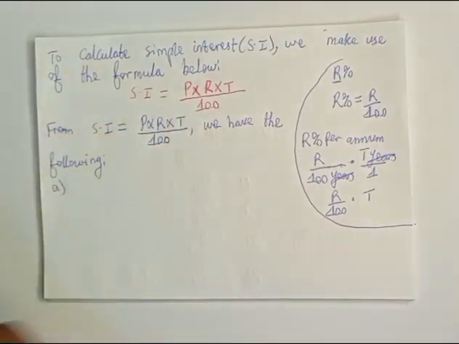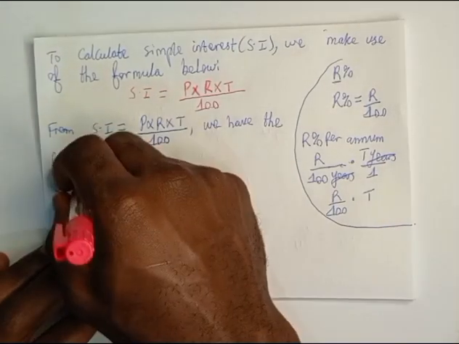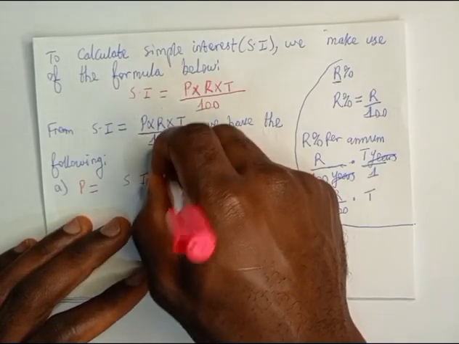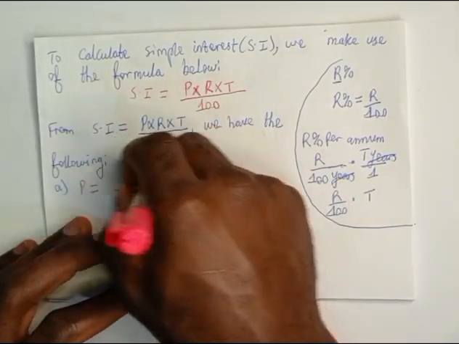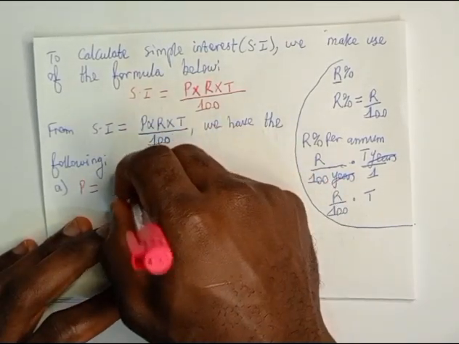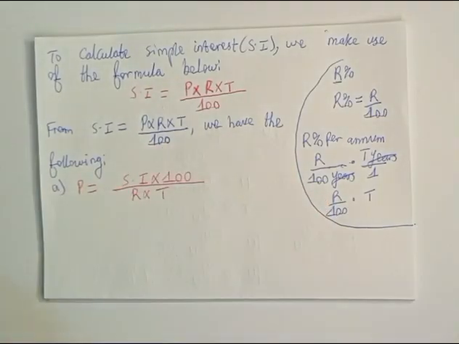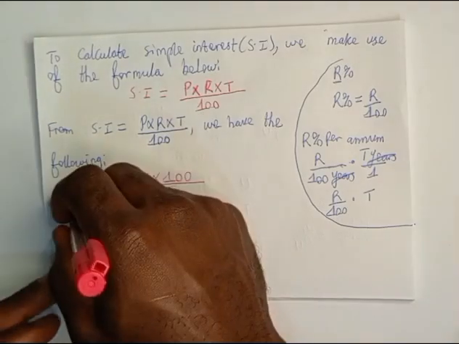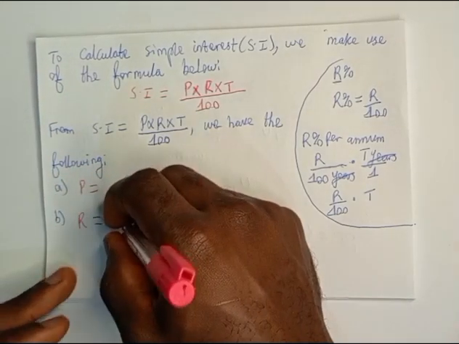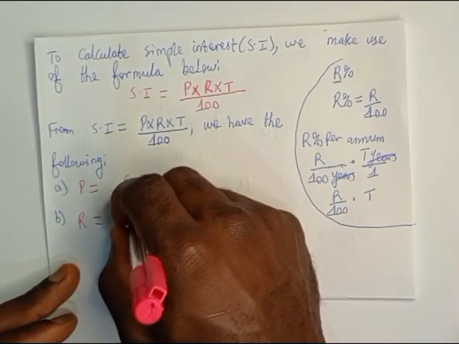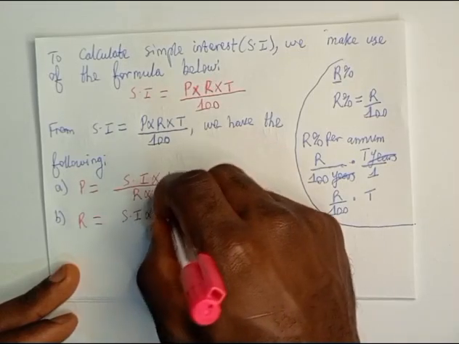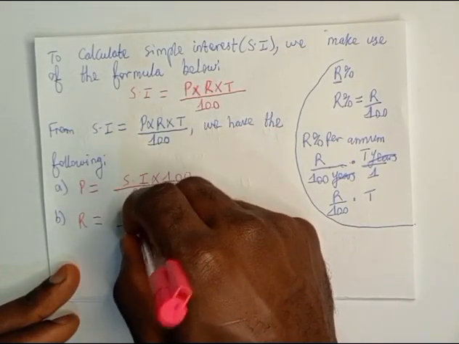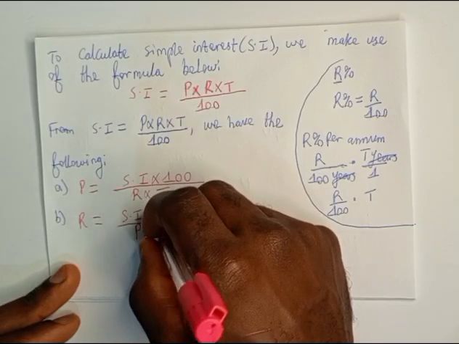If we make principal the subject of the formula, the principal will simply be equal to the simple interest times 100. Then we divide by rate times time. We go to B. The rate is simply equal to the simple interest times 100 all over the principal times the time.